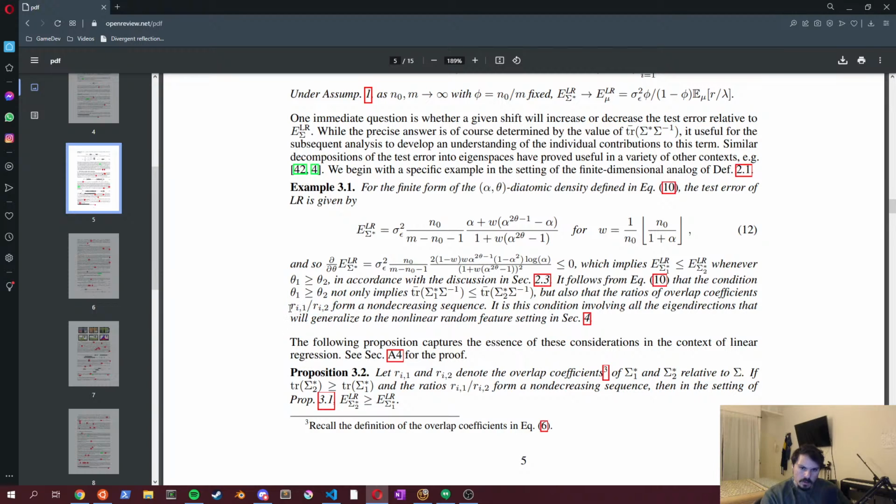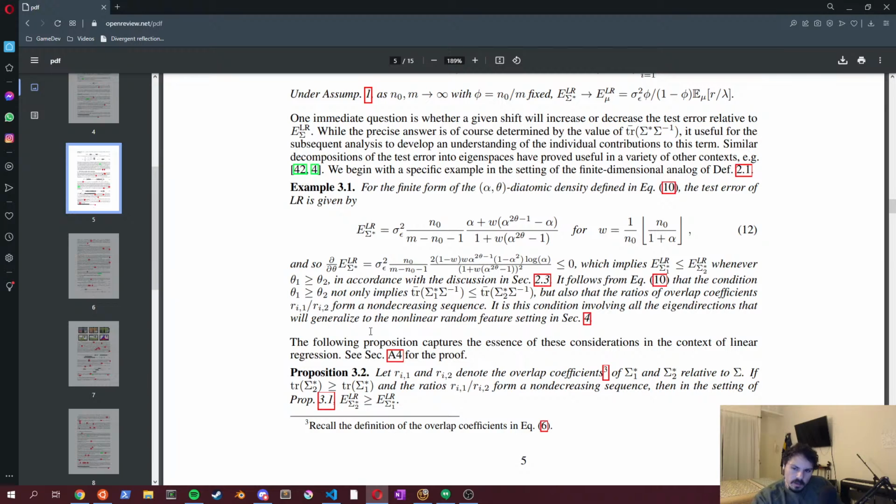So these overlap ratios, again, were the amounts that each eigenvector of the training set's covariance matrix overlaps with the test set's covariance matrix.